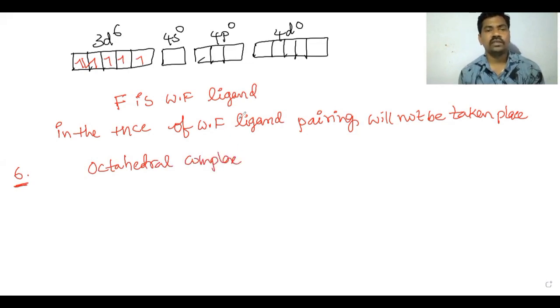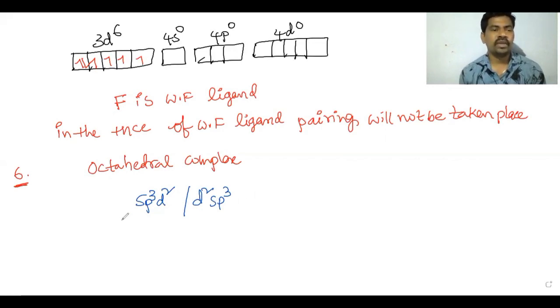An octahedral complex means either sp3d2 or d2sp3 hybridization is involved in this coordination compound, because its coordination number is 6. So the hybridization will be either sp3d2 or d2sp3.